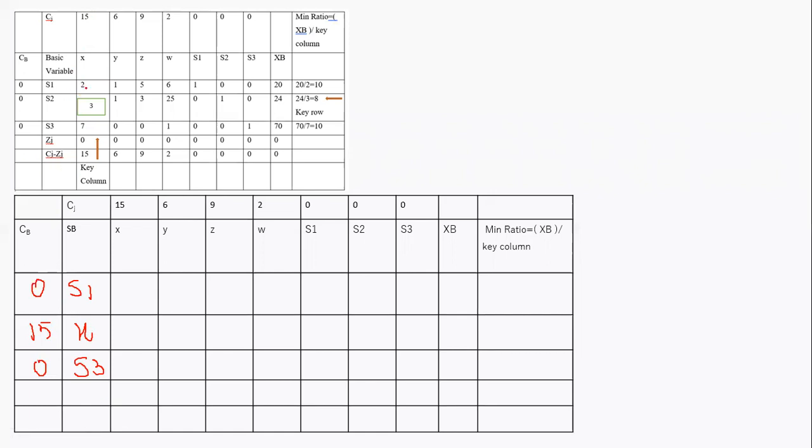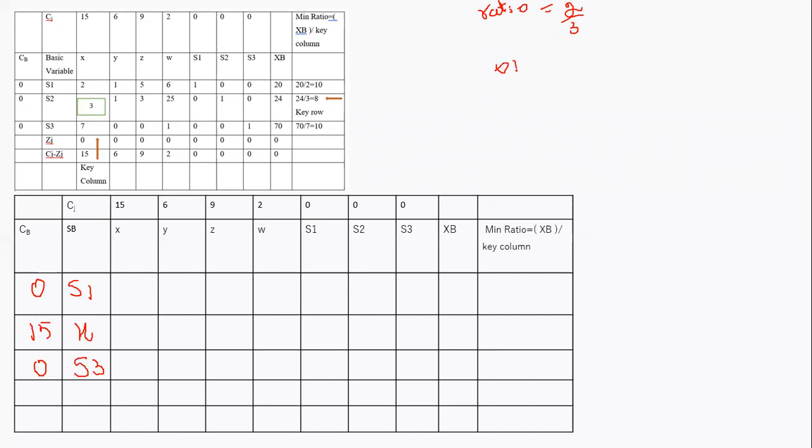After that, let us make this number 2 equal to 0. So how do we make that? We find the ratio first. Ratio is the number to be made 0, so 2, divided by the key number. Key number is 3. After that, we go ahead with old row.